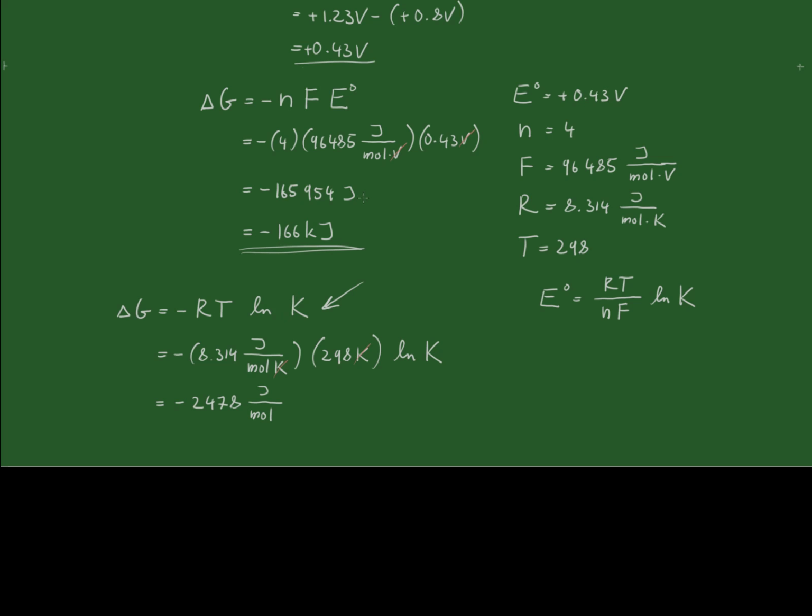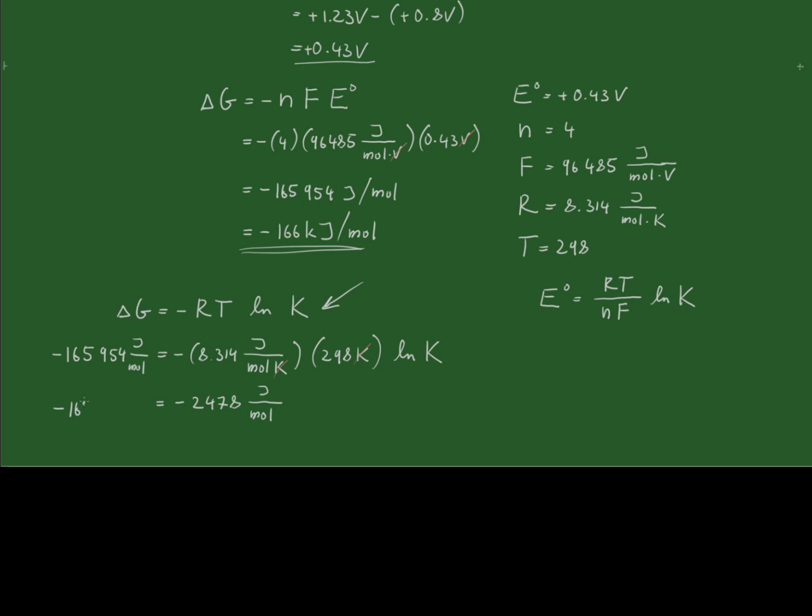And when I look up here, I realize that I forgot that this is per mole. So let me just add that unit. So delta G is negative 166 kilojoules per mole, or negative 165,954 joules per mole. I'll use that value here. Negative 165,954 joules per mole.